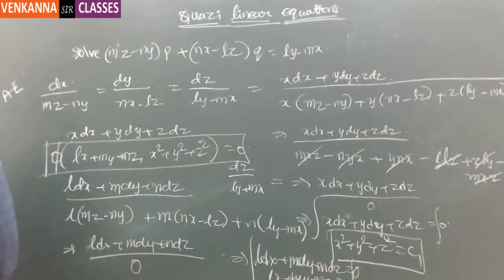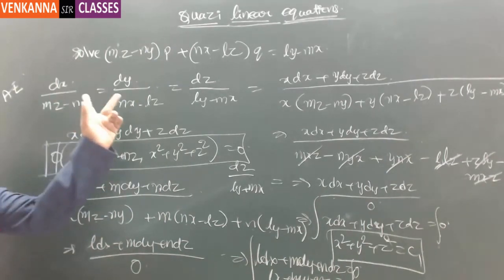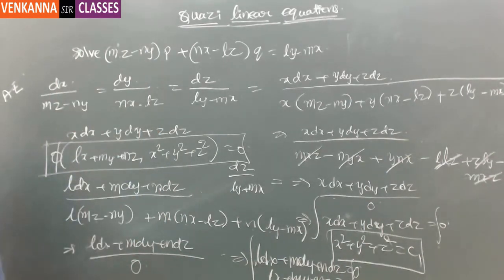This is one such method where you can solve the differential equation by manipulating the coefficients, when there is no possibility of solving these two together or these two together. What is phi? Phi is an arbitrary function. So this is a random arbitrary function.